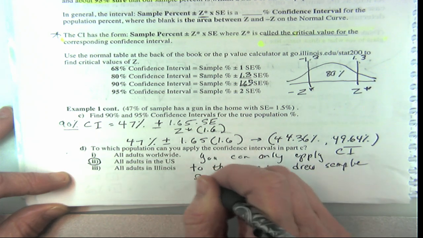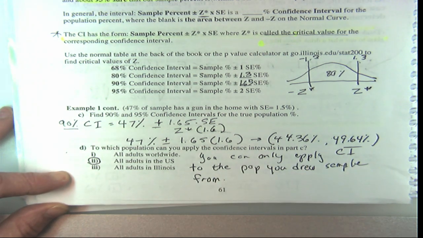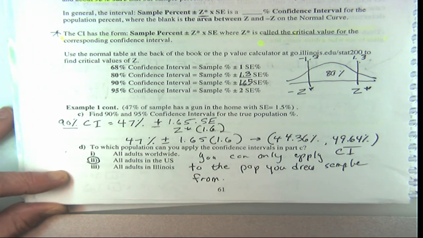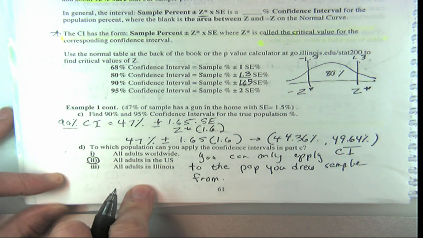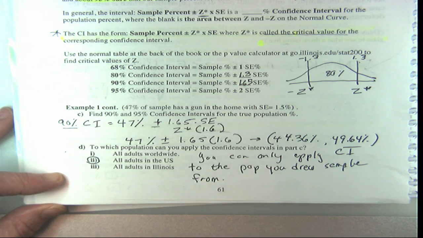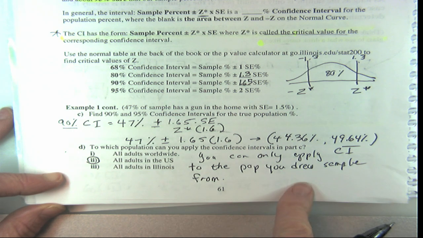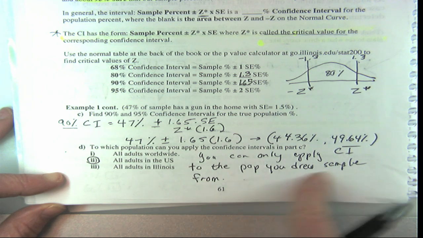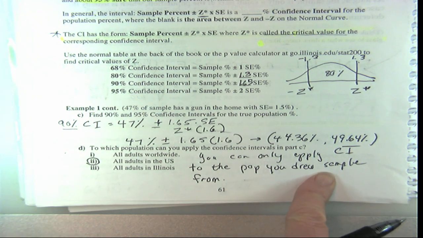We couldn't apply it to the whole world, a wider population. We also couldn't apply it to a more restricted population. I'm sure that 47% of the students here don't have a gun in their dorm. So it just has to be the population that you drew the sample from. Does that make sense? You can only apply the confidence interval to the population you drew the sample from.